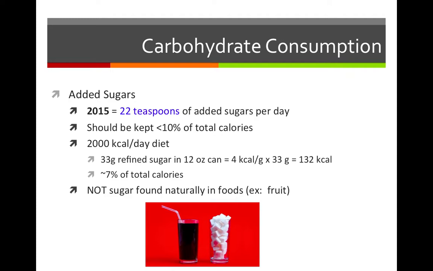The dietary guidelines recommend that added sugars be kept at fewer than 10% of your total calories per day. And major sources of added sugars in the American diet are regular soft drinks and energy drinks. So, for instance, one of the popular energy drinks that's on the market right now, in one 16-ounce can, there are 54 grams of sugar. That's more than 13 teaspoons. That's almost hard to believe.